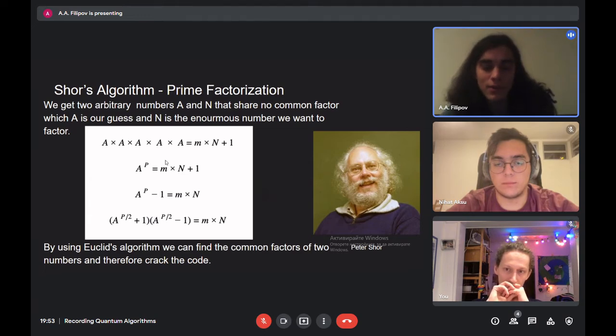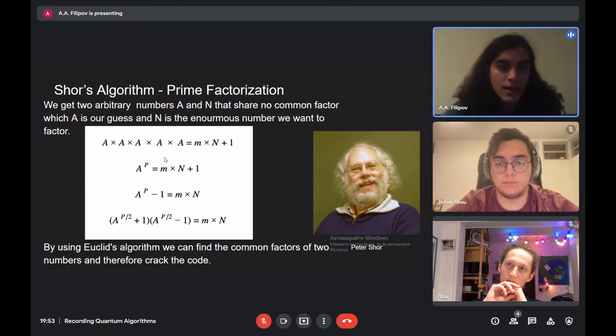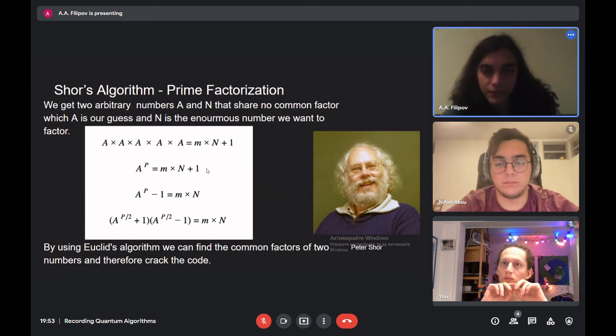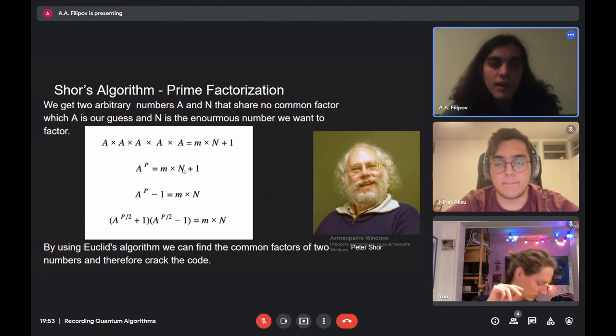Let's take two arbitrary numbers that don't have any common factor between themselves. In this case, a to the power of some specific p is equal to a multiple of n plus 1. In this context, a will be a randomly chosen number, and n will be the product of the prime numbers, the encoding.